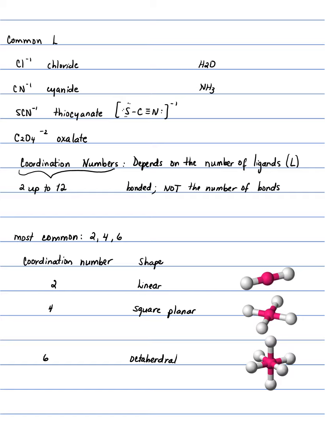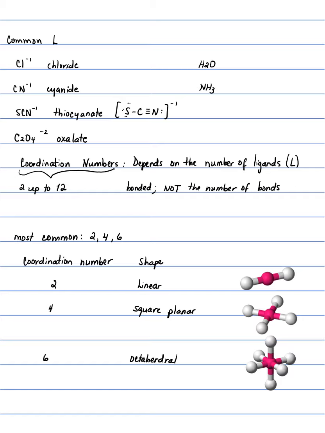So coordination number is something that we're going to be using because depending on the coordination number, we will have different coordination compounds. And the coordination compounds will have different properties depending on this coordination number. So that coordination number we're going to determine depending on how many ligands we have bonded to the metallic center.